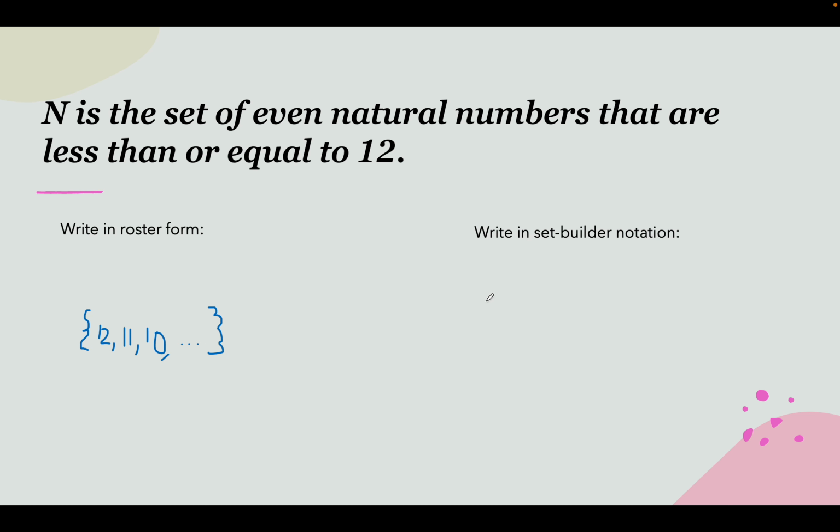All right? If I was going to put it in set builder notation, then I would use my funky parentheses and I would do N, whereas N is a natural number, and N is less than or equal to 12.